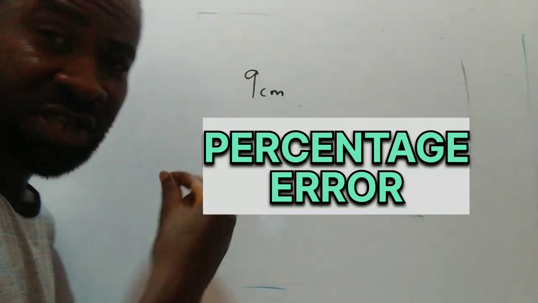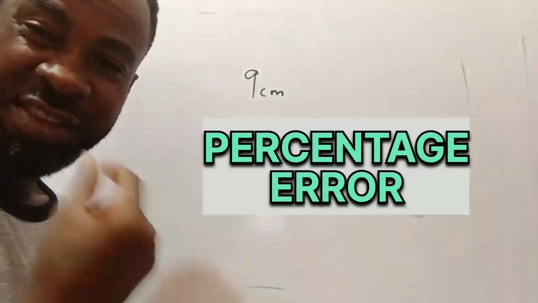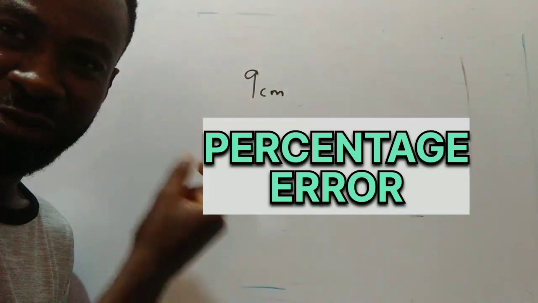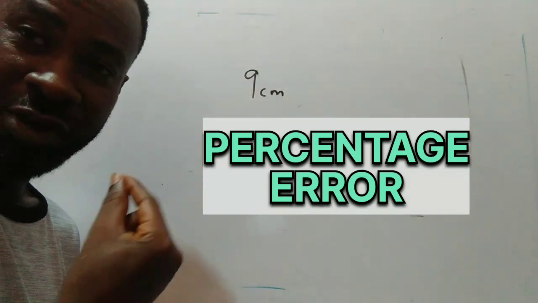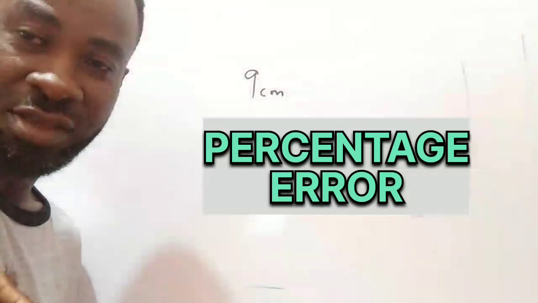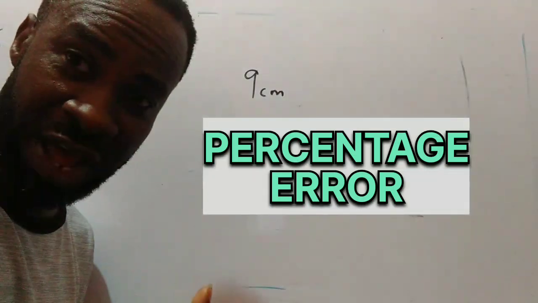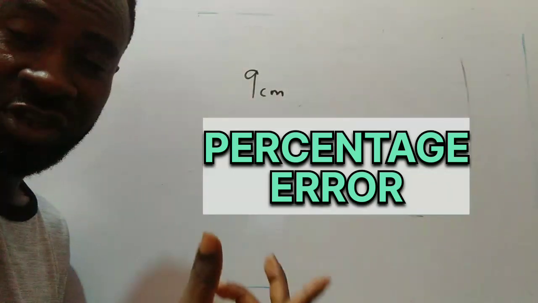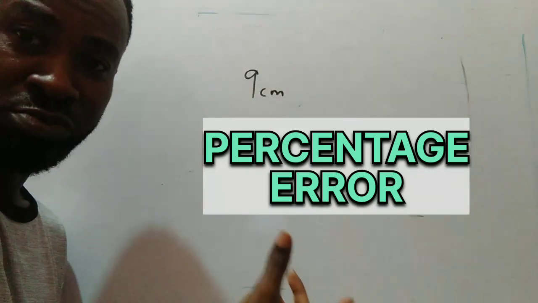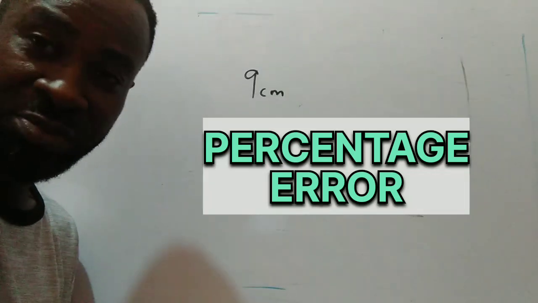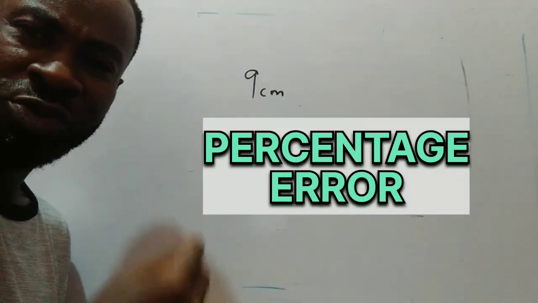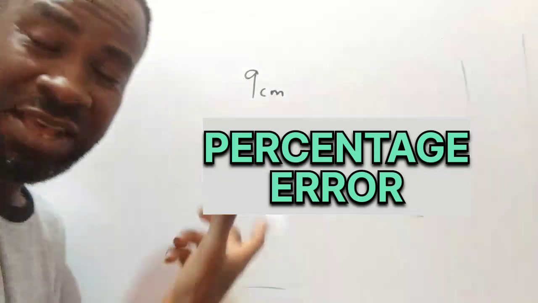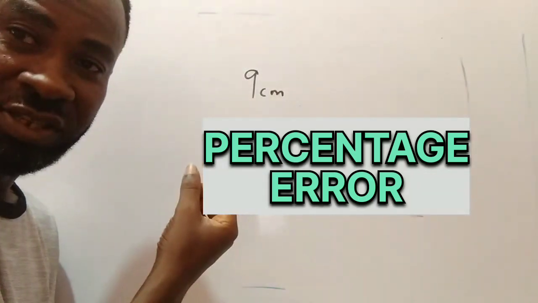Now, this 9 centimeters isn't actually the exact value of that measurement, because I may have made a mistake either through the way I position my eyes, or through my biased eyesight, or through the instrument I'm using to measure. Maybe the ruler is not well calibrated. There must be one or two things that will make me not get the exact value of that measurement.